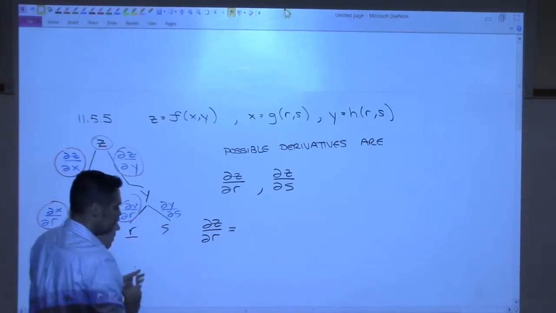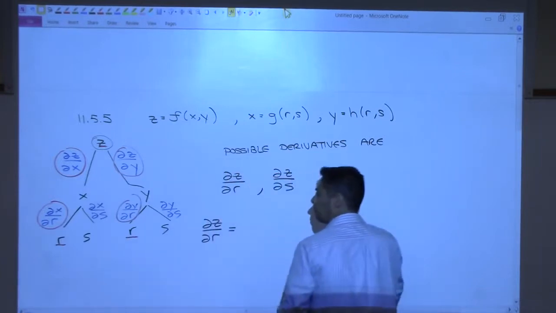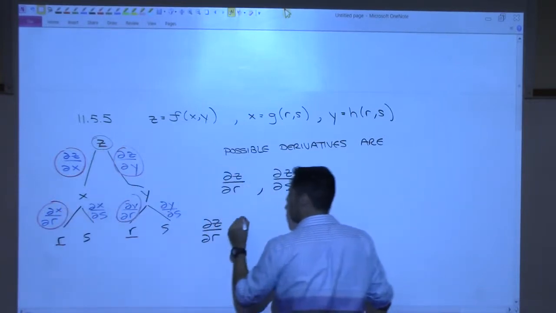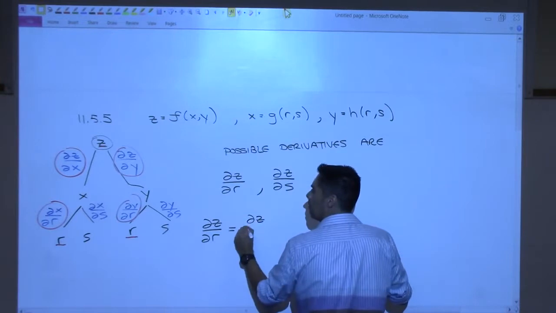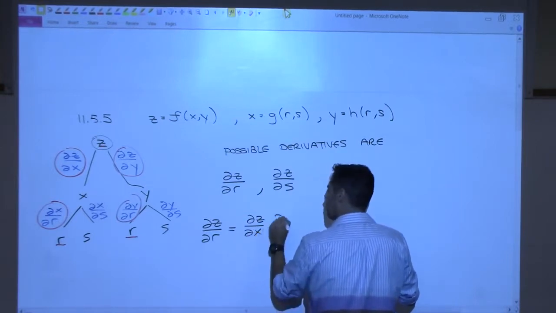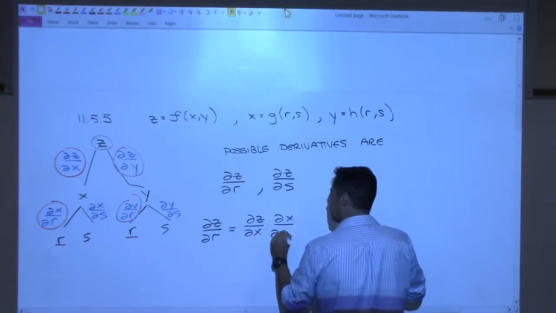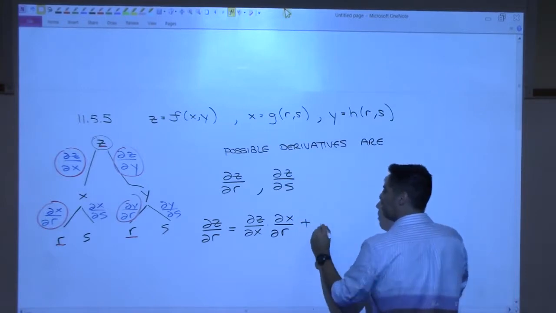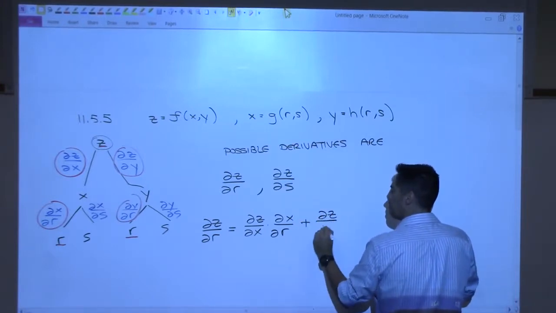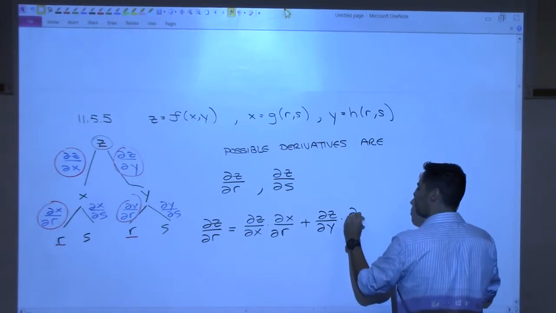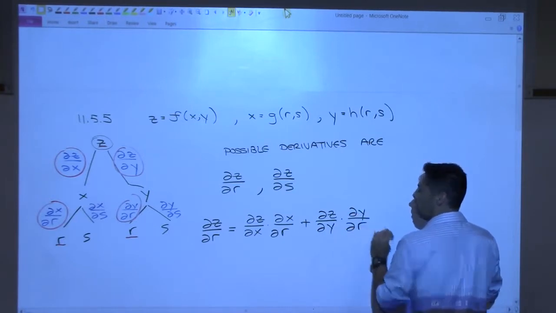So it'll look like this. Coming down this way, partial z with respect to x times partial x with respect to r, plus partial z with respect to y times partial y with respect to r.